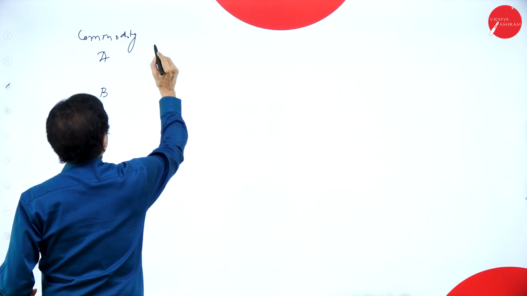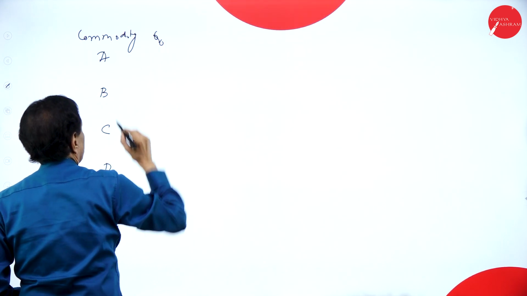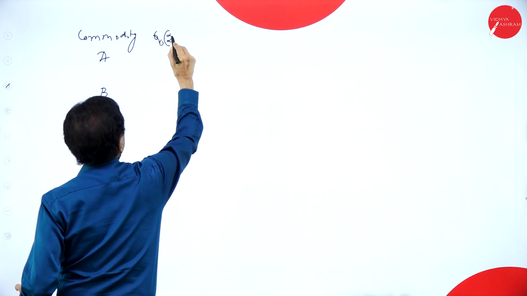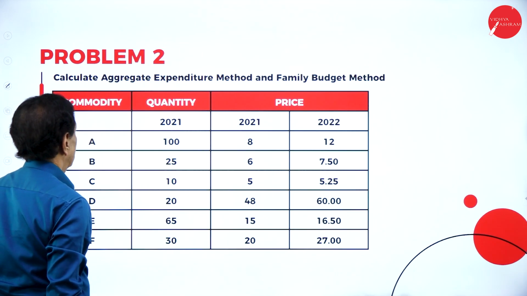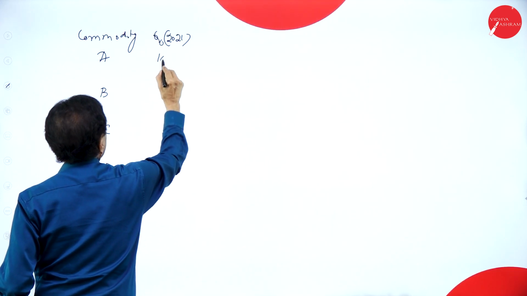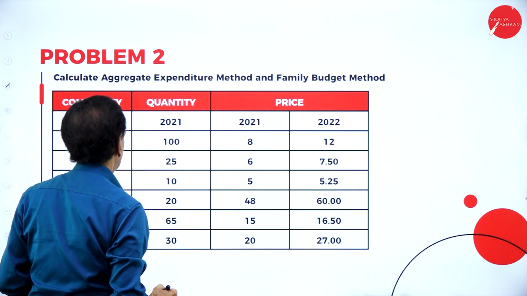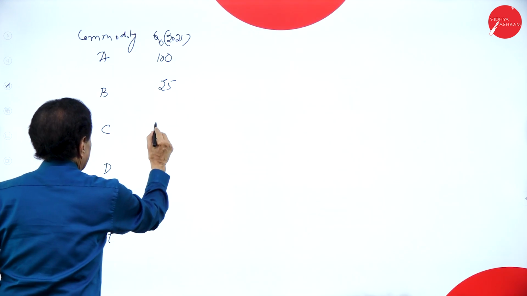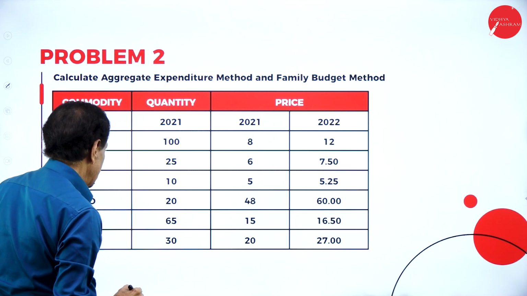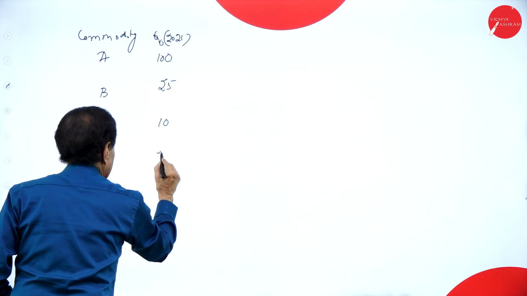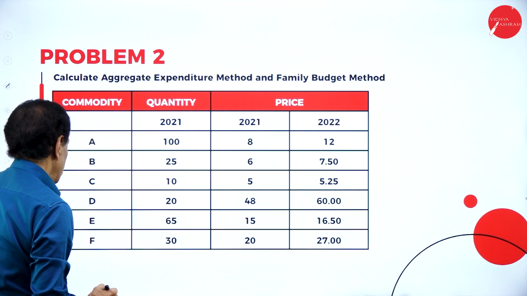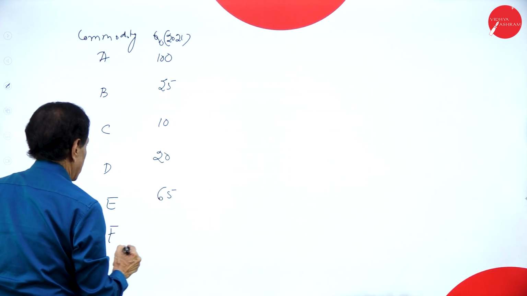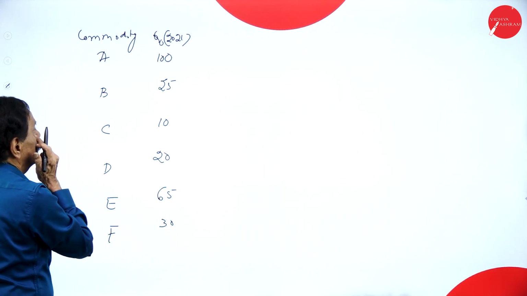Then Q0, base year quantity, 2021: A 100, B 25, C 10, D 20, E 65, F 30. This is your Q0.